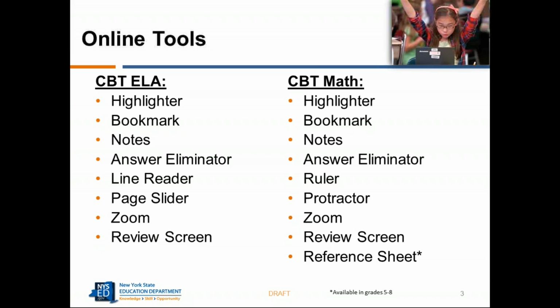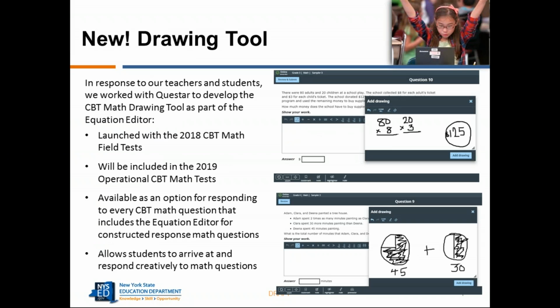In CBT Math, students have a ruler and protractor in addition to an online reference sheet for grades 3 through 8. For the 2019 CBT administration, students will also be provided with a print reference sheet in those grade levels, as in years past. This year, the equation editor drawing tool is also available in CBT Math for all constructed response items.